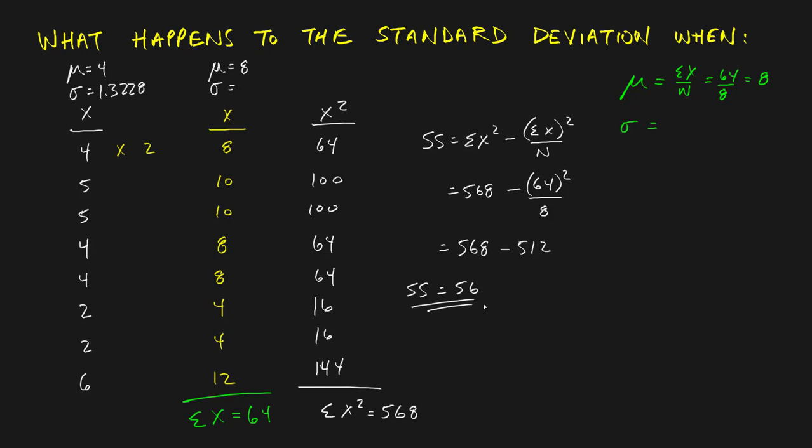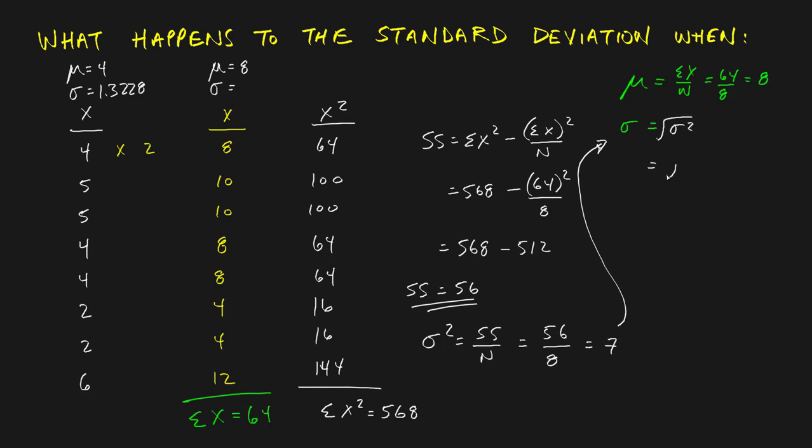The sum of squares helps me to find my variance, which is the sum of squares over n. And so that is 56 over 8. That comes out to be 7. Now, I have to take the root of that because I'm looking for my standard deviation. Standard deviation is the root of the variance.